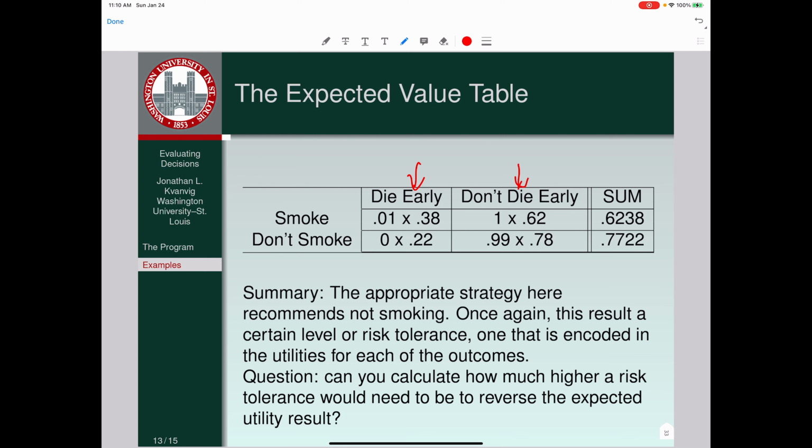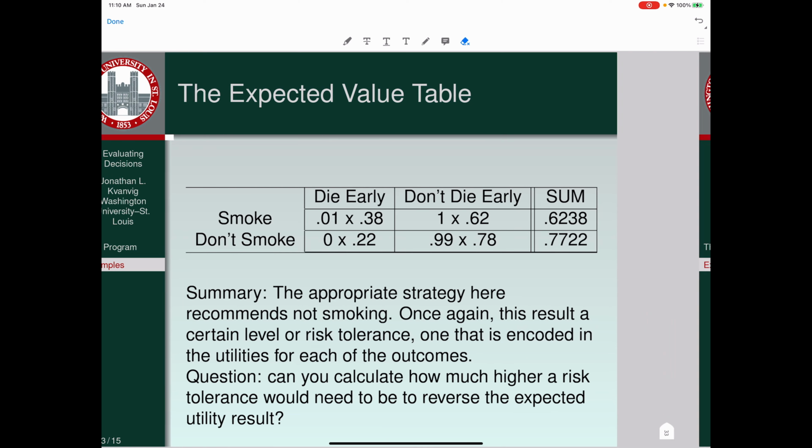So you might still prefer not to die early, but these numbers in the circled outcome boxes might not be as close to the extremes as we're modeling them to be. So you should be able to calculate what kind of changes could occur to those boxes that would reverse the decision on whether to smoke or not smoke.